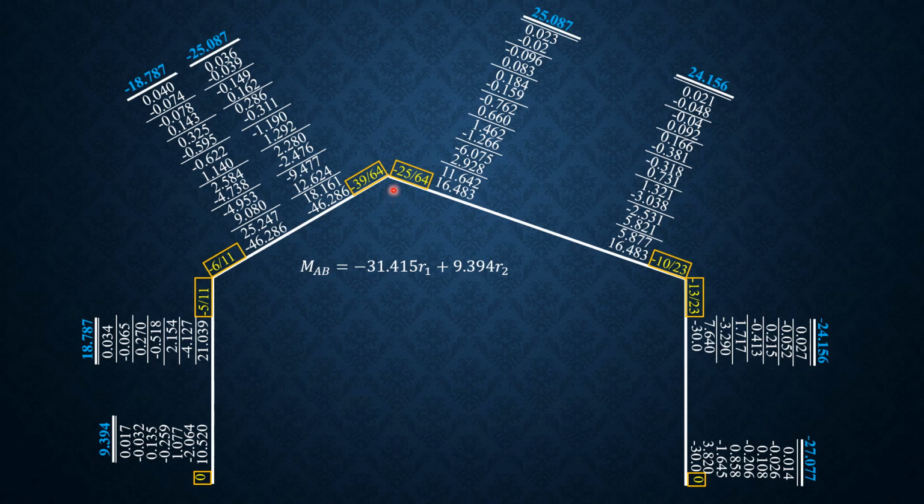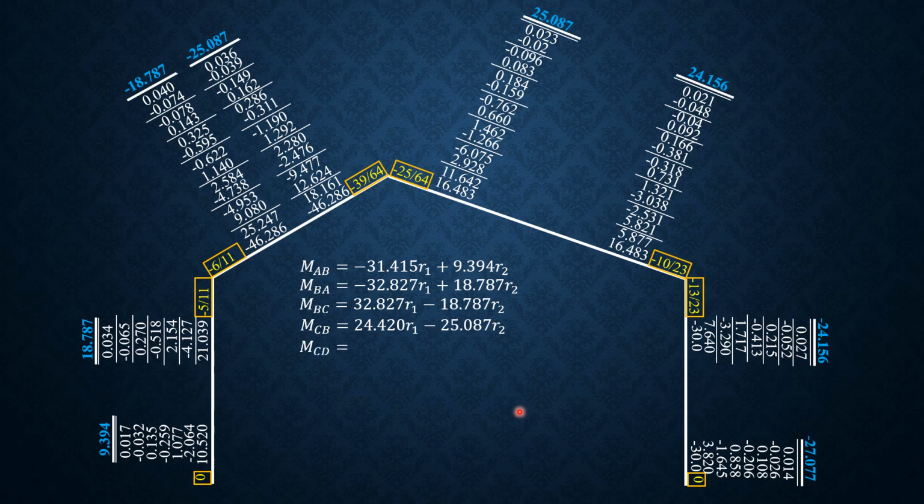Moment CB is equal to 24.420 R1 minus 25.087 R2. So moment CD is negative 24.420 R1 plus 25.087 R2. Moment DC is equal to negative 12.964 R1 plus 24.156 R2.